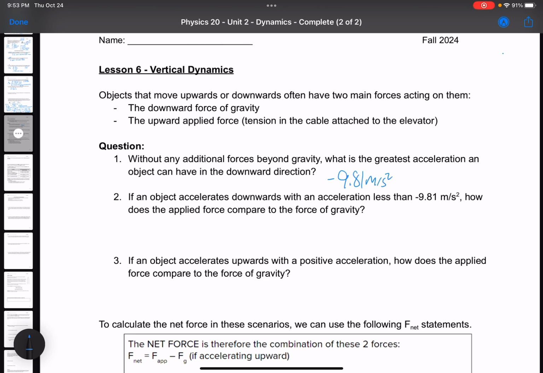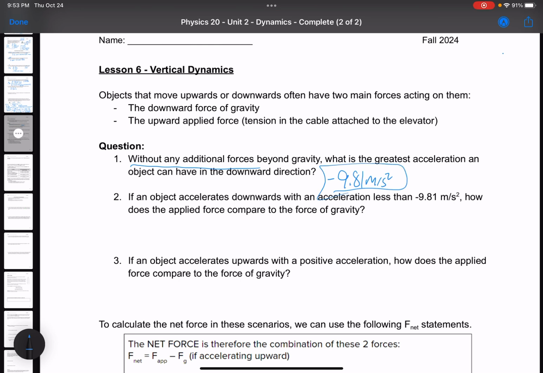So you can get a greater acceleration, but you're going to have to put some force into that. Okay, and this question says without any additional forces beyond gravity. So if you just let gravity do its thing, negative 9.81 meters per second squared, think back to the video on the bowling ball and the feather, everything accelerates to the center of the Earth at the exact same rate, and that is our gravitational constant.